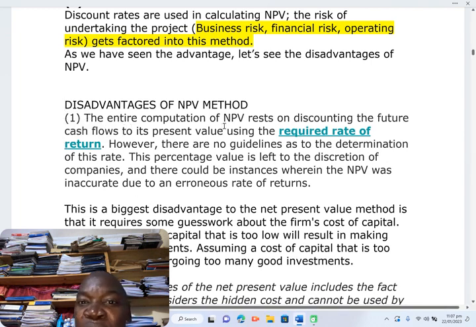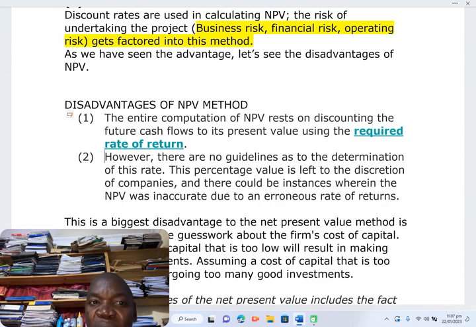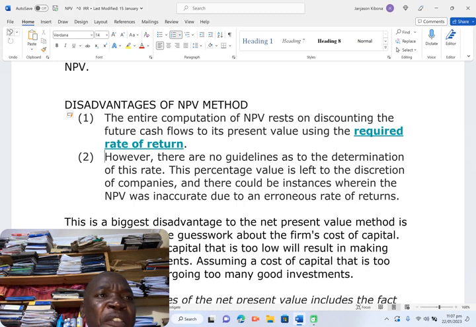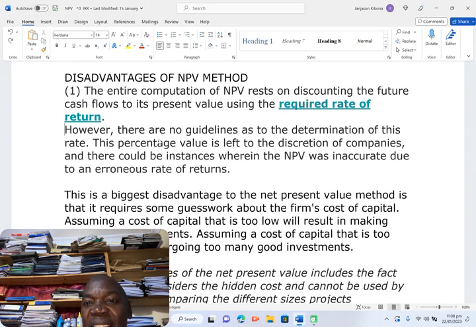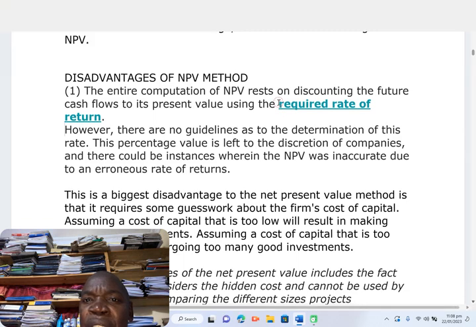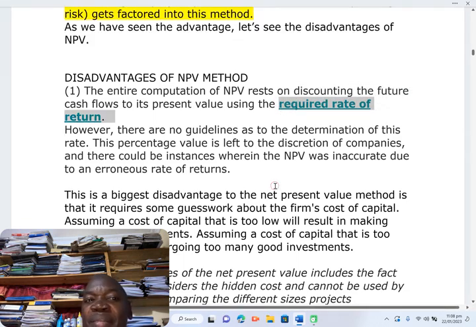The entire computation of NPV rests on the future cash flow and its present value using the required rate of return. As you can see, you can't get NPV without having the required rate of return. That would mean the figure for NPV depends on the required rate of return.